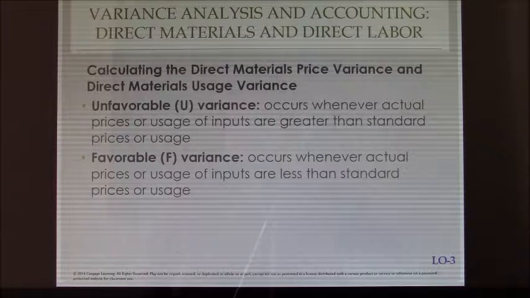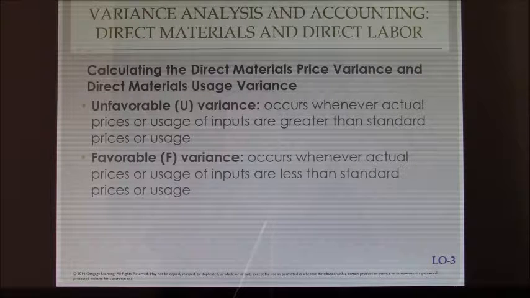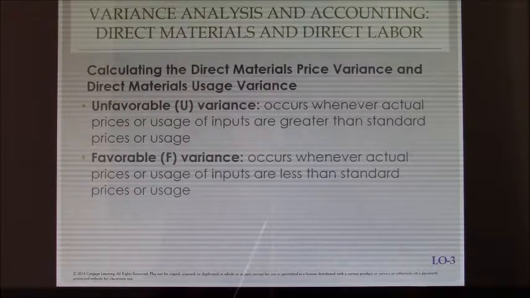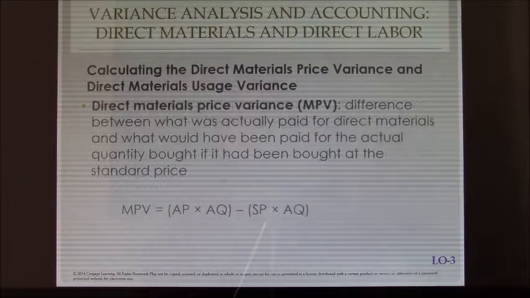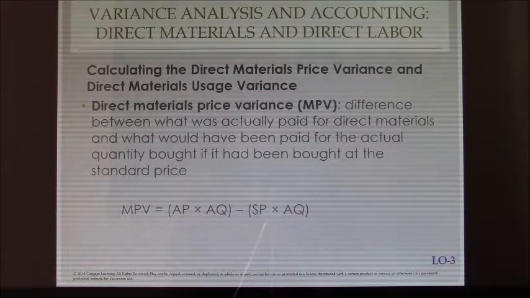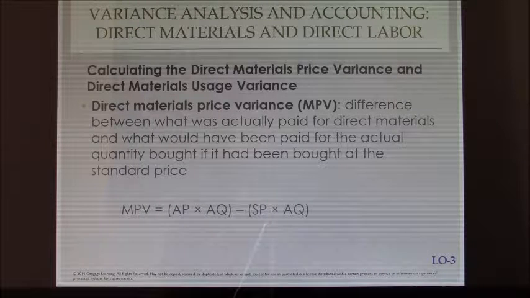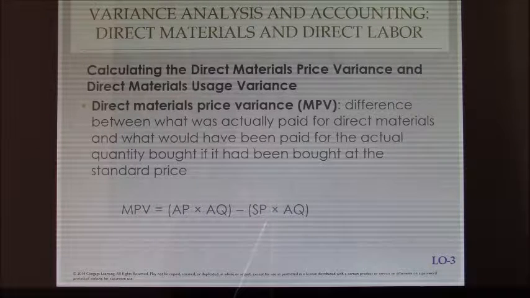Income increasing works like revenues. The variance goes on the right. Income decreasing works like expenses. The journal entry then is a debit. Okay. So how do you calculate these? Well, the direct materials price variance is the difference between what you paid and what you wanted to pay.